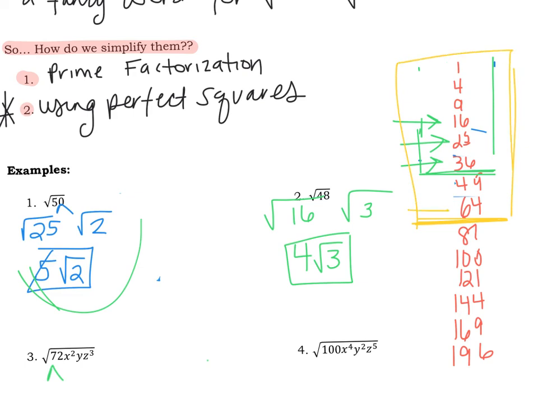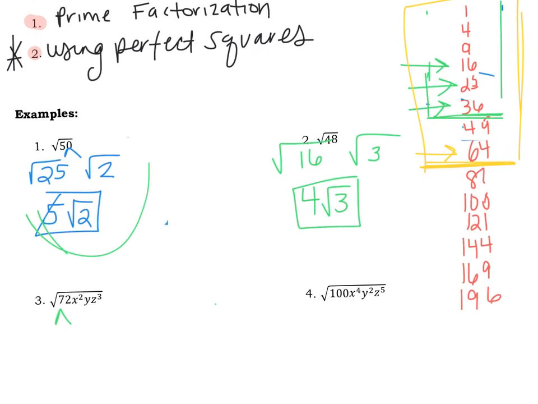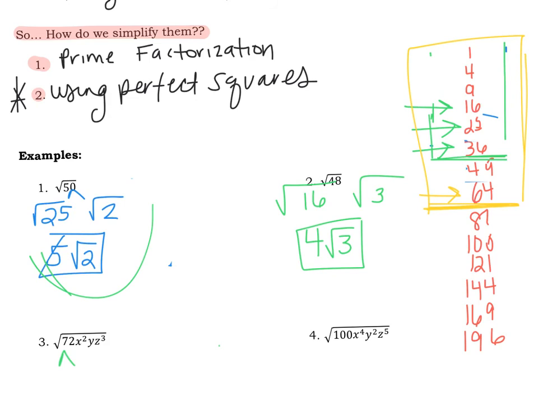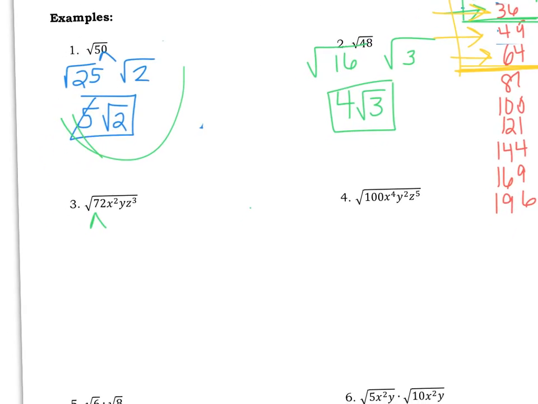So I'm going to first try 64. Can 64 go into 72? No. How about 49? 72 divided by 49 doesn't work. 36. 72 divided by 36? Yep, that's 2. So, done.